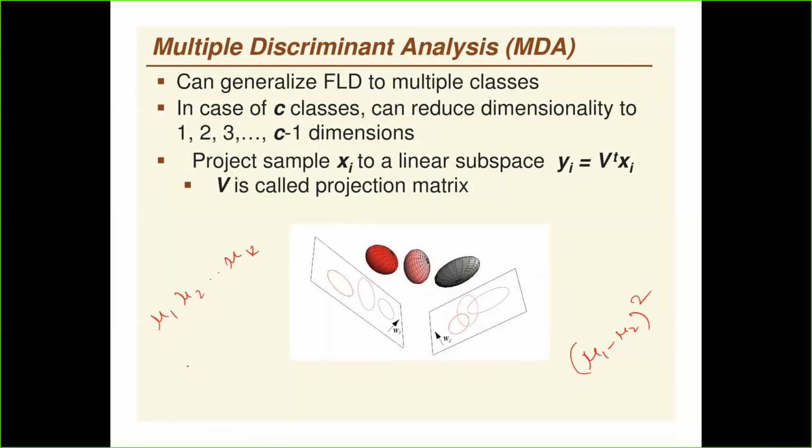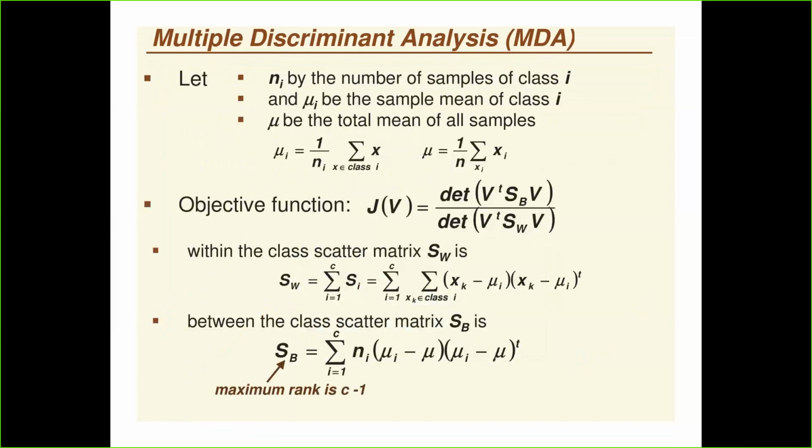Within class scatter is the same, S1 plus S2 plus so on Sk. This will not change. So this is the sum over all the classes Si. This will not change, but this will change. You take the overall mean mu, and individual means mu1, mu2, so on mu k, or mu c. Here it's taken as c, here we took k, no problem. Now subtract: mu1 minus overall mean mu times mu1 minus mu transpose, multiply this with the number of instances belonging to class 1, which is n1.